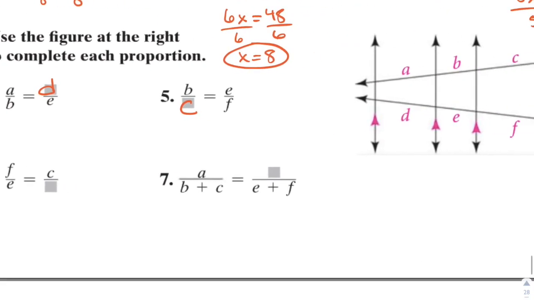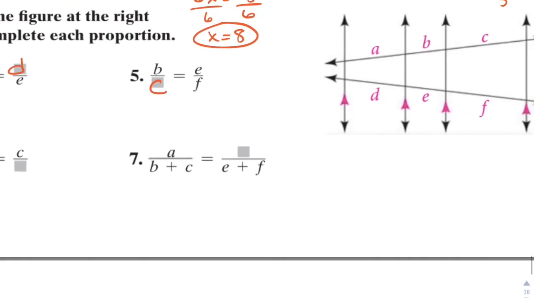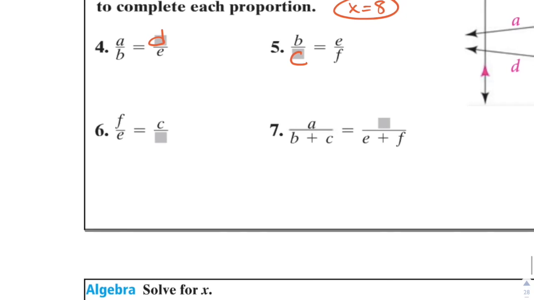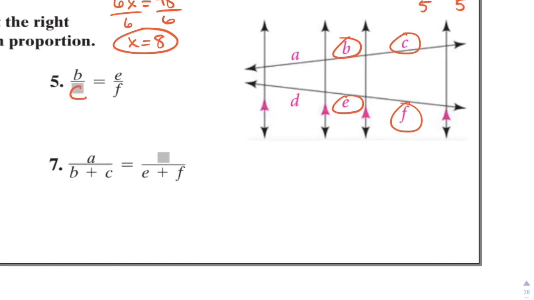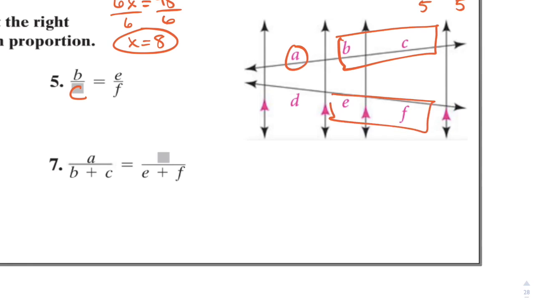Next one, F and E, so going in this direction, F, then E, then C, then B. B is the only option in that one. Then we have A is to B plus C as what is to E plus F? Well, D is my only option.